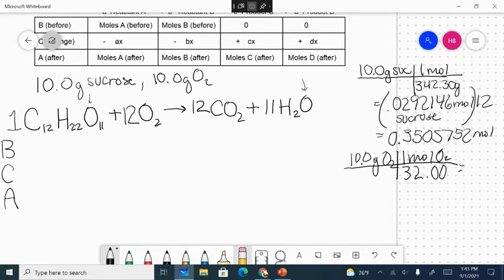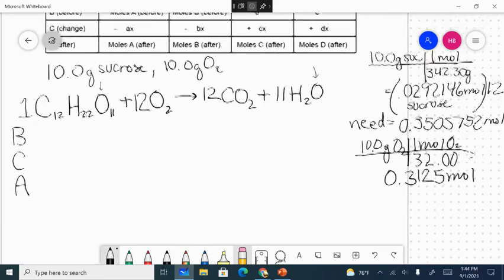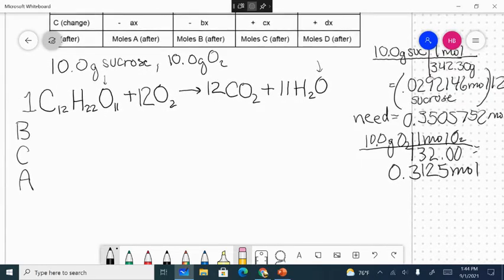So this is what I would need, and I actually have 0.3125 moles. Do I have enough oxygen? No. Once you say, I don't have enough, that should be a red flag to say, oxygen is my limiting reactant. So that's another way you can figure it out.